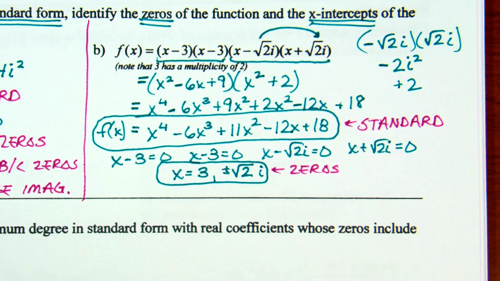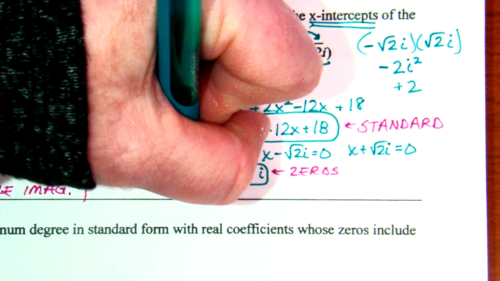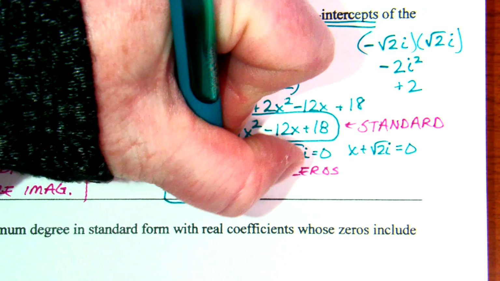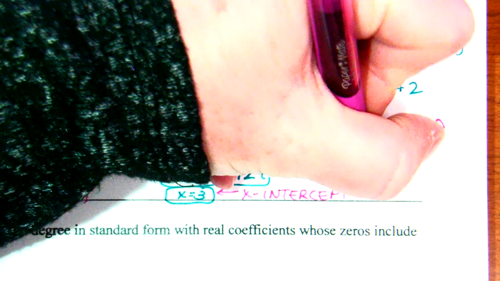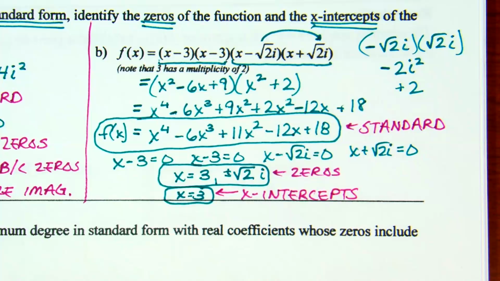So my only x-intercept is x equals 3. Do you need to graph that? You can, but do you have to get that answer? No. You just have to look at your list of zeros and decipher, oh, okay, those are imaginary. They're not going to count as x-intercepts.